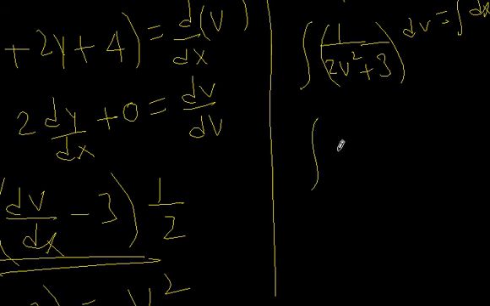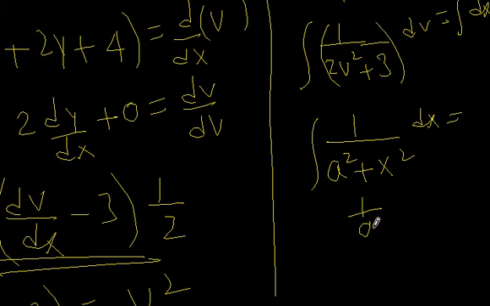We know that the integral of 1 upon a square plus x square dx is 1 over a tan inverse of x over a plus c. The coefficient of x square here is 1, but here we have 2. This 2 should not be there.